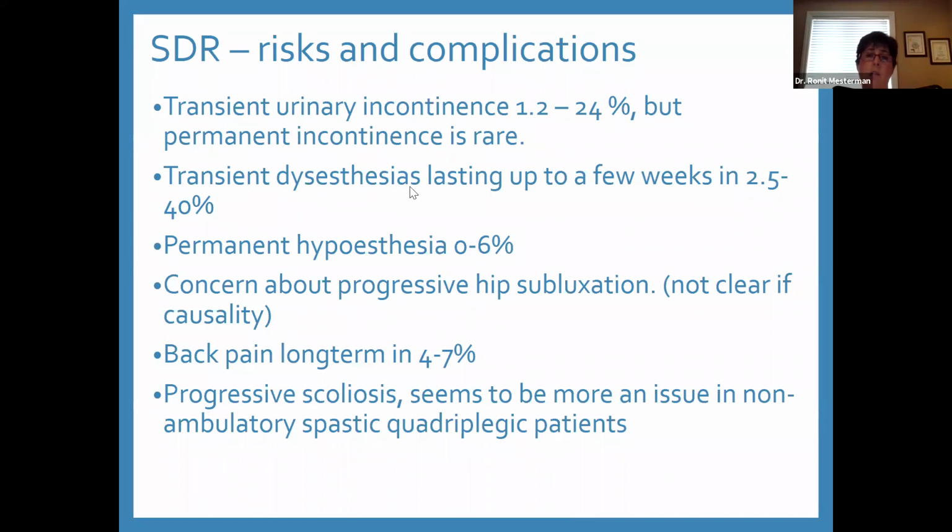Also, the dysesthesia, they're happening very often post-surgically, but then most of the time are transient. There have been concerns about progressive hip subluxation. At this point, we actually do not have good evidence that this is linked. Pain and scoliosis are other things to consider.